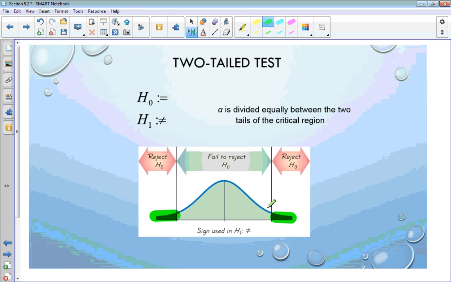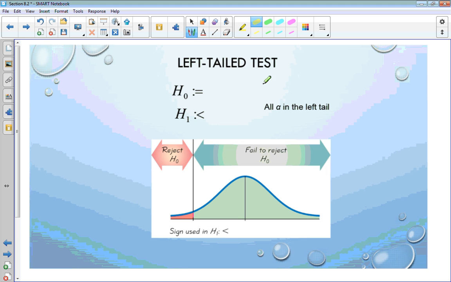All the area inside, what we usually think of as usual, would be fail to reject the null hypothesis. We use this when the null hypothesis is equal, because the null hypothesis is always equal, but the alternative hypothesis is not equal to. It doesn't say greater than or less than, it says not equal to. So that would be a two-tailed test.